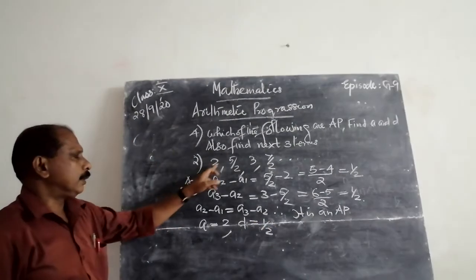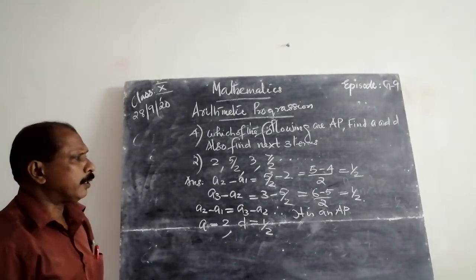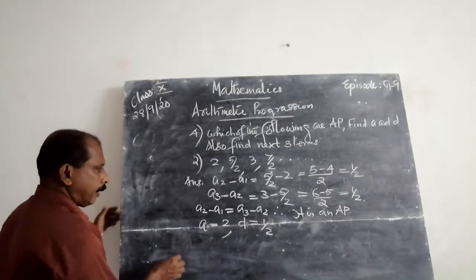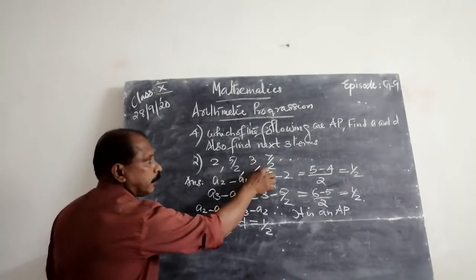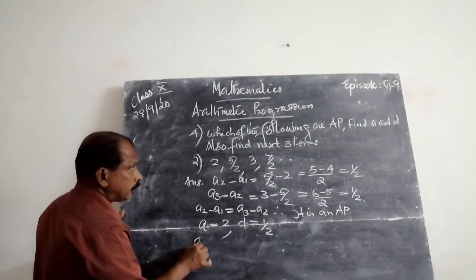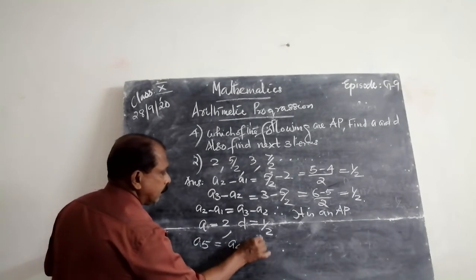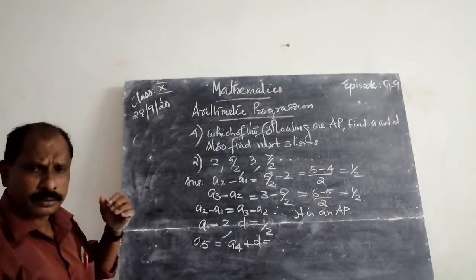Then first, second, third, fourth. Therefore, the fifth term is the fourth term plus D. That means we need the fifth, sixth, seventh terms. Next three terms. That is A5 is equal to A4 plus D, or A plus 4D.